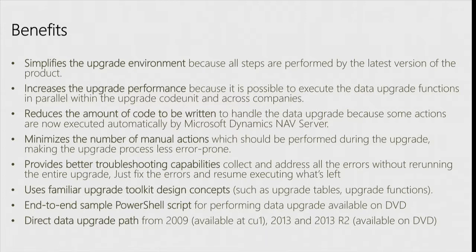For example, you can collect and address all the errors, and then rerun just those errors. That makes it much nicer for troubleshooting. By the way, now that I mentioned that, I forgot something. One thing that you can use the serial execution for is debugging. You can easily run the upgrade in serial, activate your debugger, and run it in serial. That wouldn't be possible in parallel.